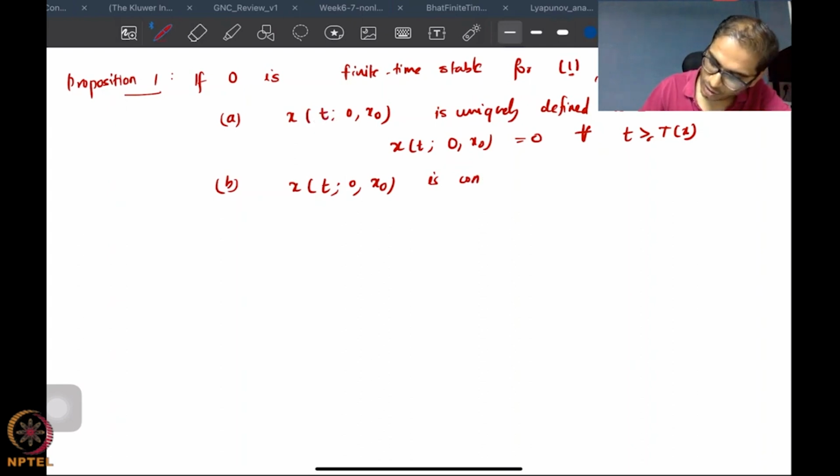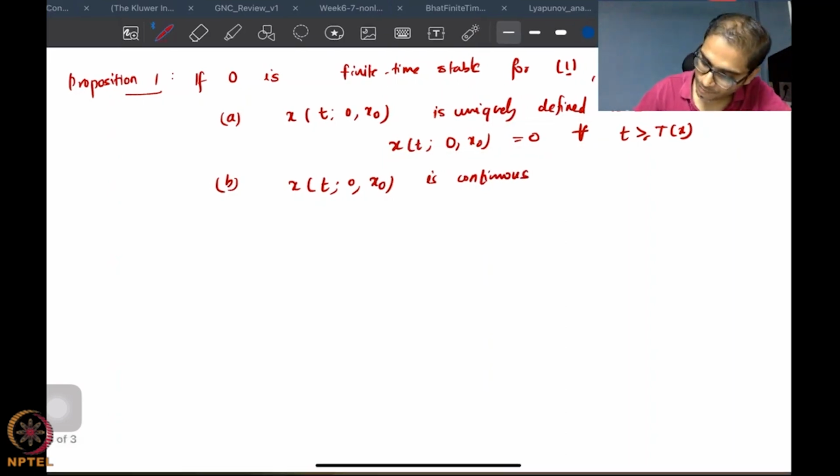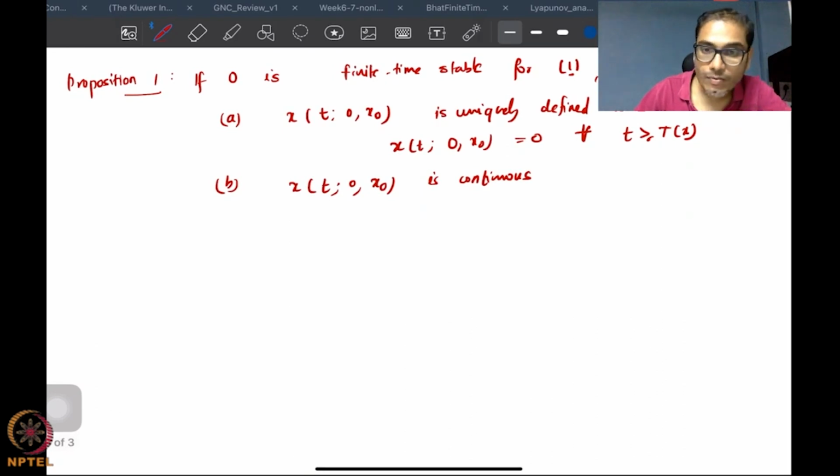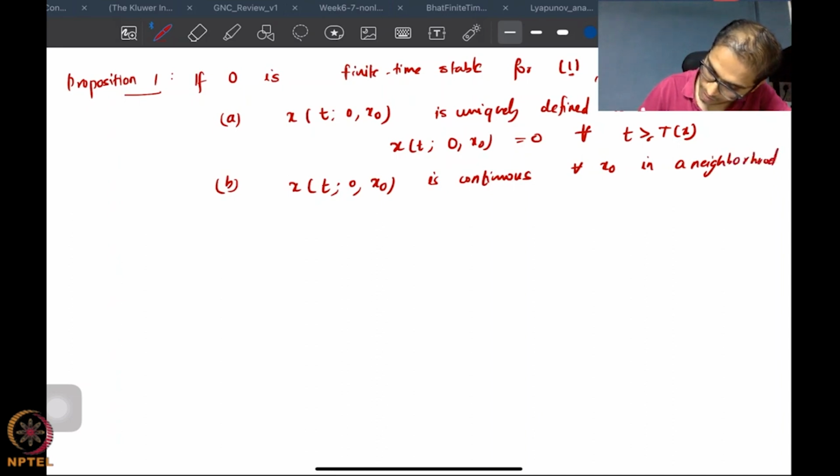It's evident that the solution x(t; x0) is uniquely defined in time, and I'm going to say it's continuous for all x0 in a neighborhood of the origin.